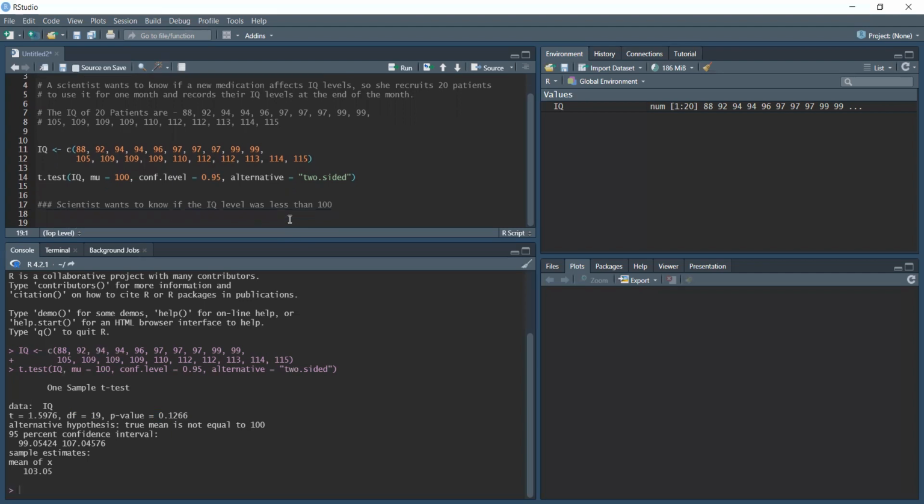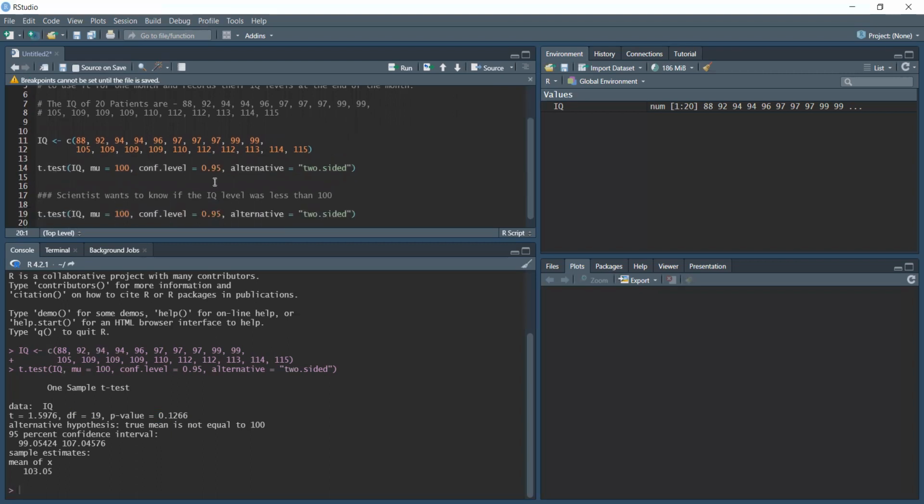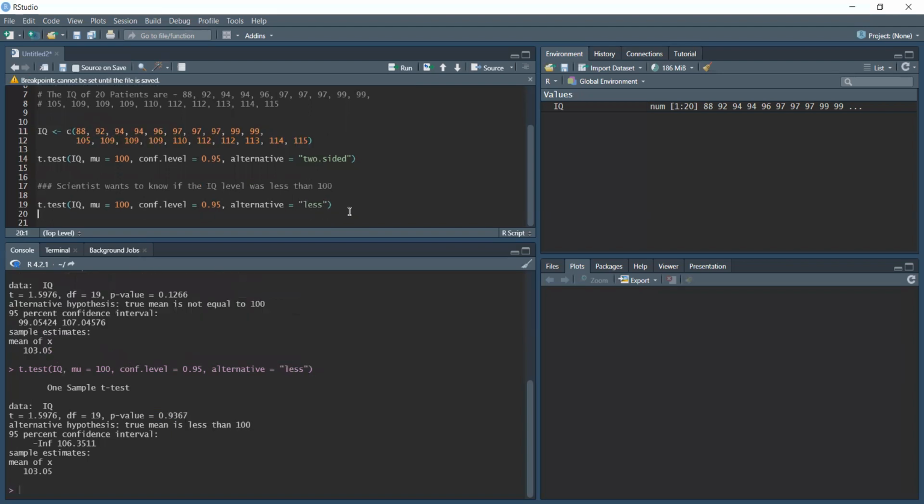In that case, everything should have been the same. The only thing that should have changed is the alternative. So instead of two-sided, we could have written less. Now if we hit enter, it gives a t-test where the alternative hypothesis is that the true mean is less than 100. And over here we have a very high p-value, 0.9367.